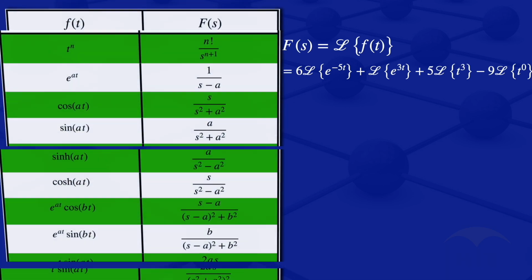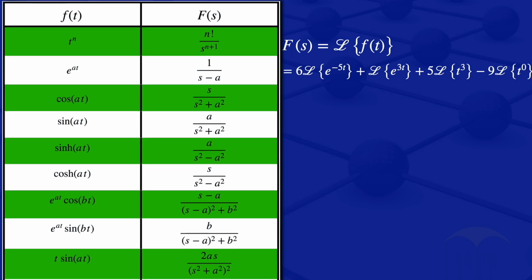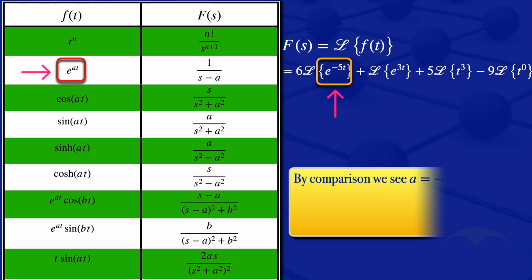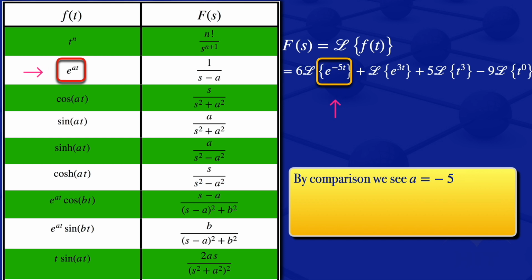I'll start by looking at the first one, the exponent of minus 5t. On the table, in the column where we have the f of t, we look for a function of the form exponent of minus 5t. We see that it's of the form exponent of at, and by comparison of the function that we have and the f of t in the table, we see that our a is minus 5.